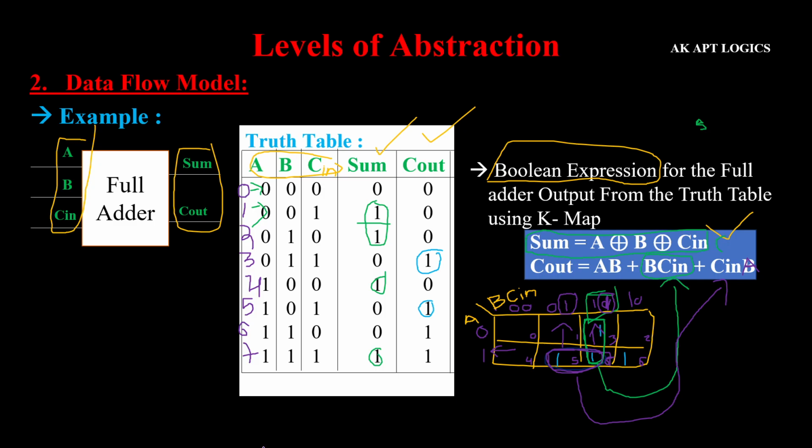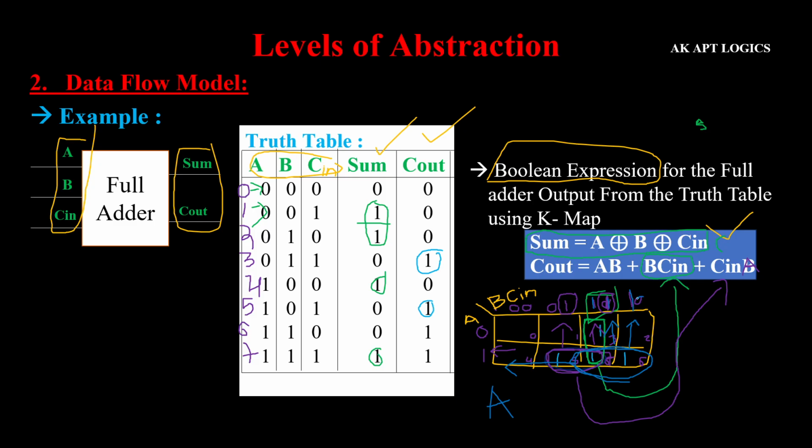So ACin. Now the last pair. If you take this last pair, in the horizontal direction A is common for both cells, 7 and 6. Looking vertically above both cells, here there is 1 1 and here 1 0.